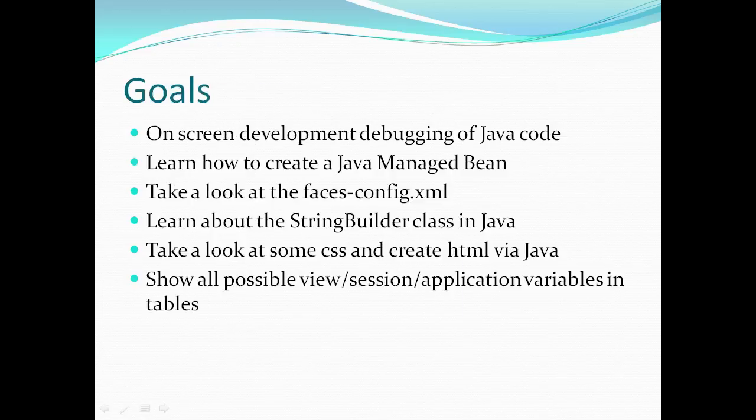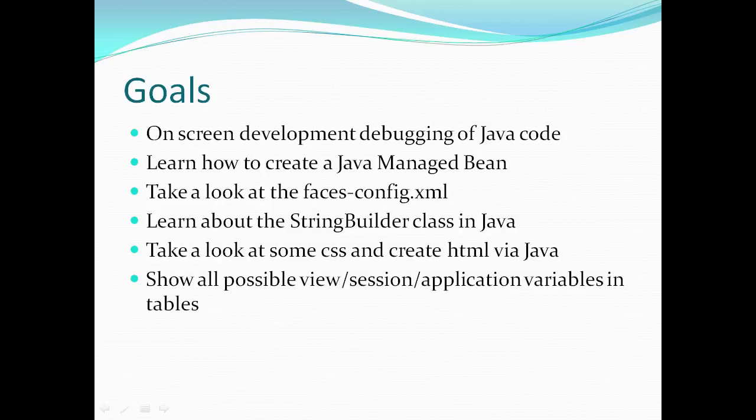So let's just quickly go into my goals for today and the next couple of videos. What I want to do is create a custom control that allows the developer, and this is really a development tool, to see information that is given off from both Java code and JavaScript code. To do that, we're going to first have to learn how to create a Java managed bean. We're going to have to take a look at the faces-config XML file.